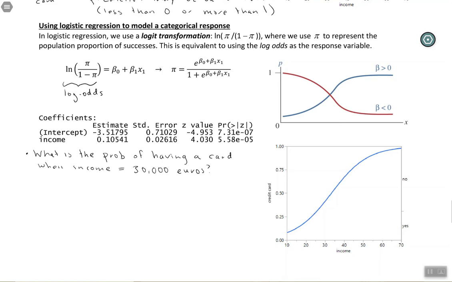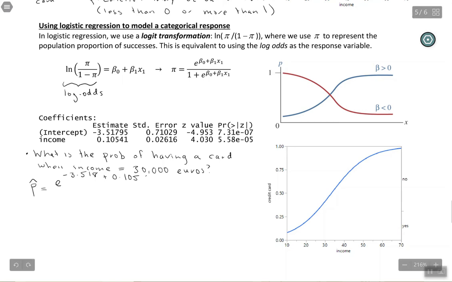So if we wanted to predict the probability, if we're talking about a predicted probability, we're going to use p hat instead of pi. But I'm just going to plug into this equation here using the values from the output. So I've got e raised to the negative 3.518, that's my intercept, plus 0.105 times income, right?